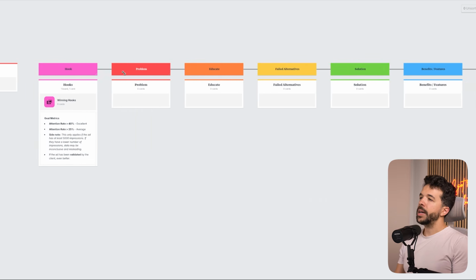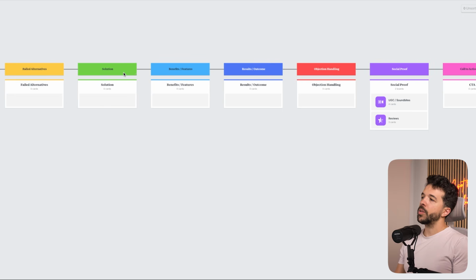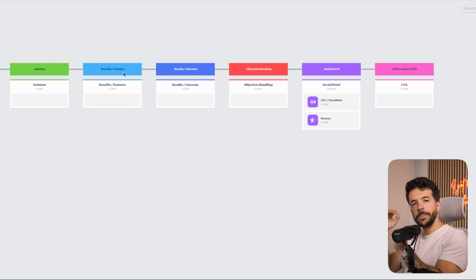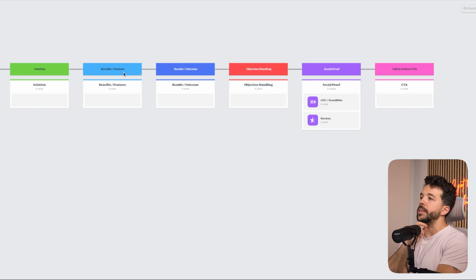When you do that, I usually recommend adding not only the script, but also the actual media piece. So you use the actual video here on the board. And the reason why I like it is not only for learning purposes, so that when you onboard a new creative strategist, they know exactly everything that you've learned already, but most importantly for inspiration purposes.